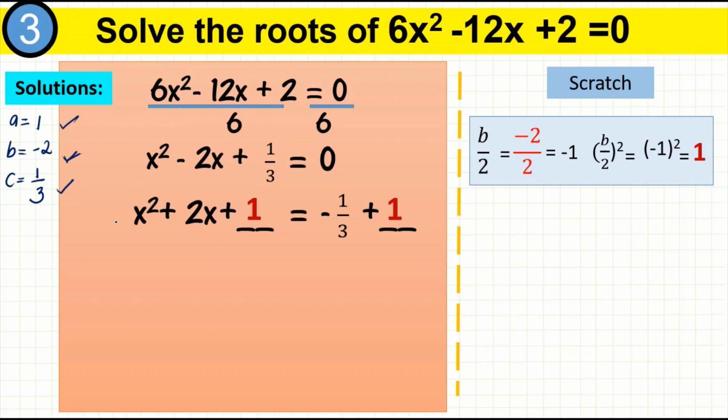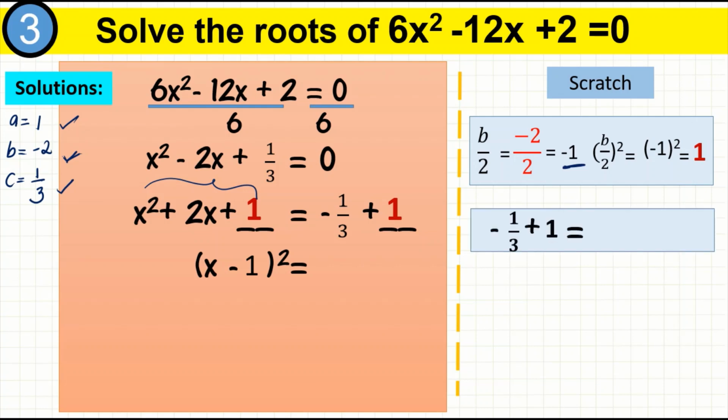Okay, and then factor this perfect square trinomial. Okay, so we have x plus, ang kunin mo dyan yung value ng b over 2, so which is negative 1, so minus 1. Okay, and then it is equal to negative 1/3 plus 1. So, negative 1/3, we can simplify this.